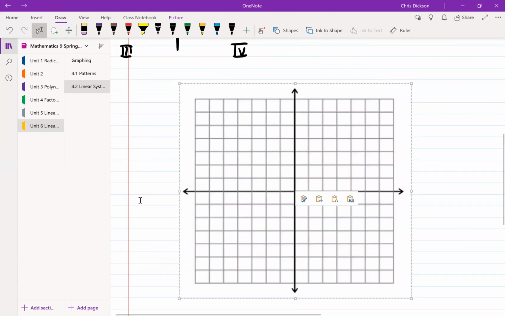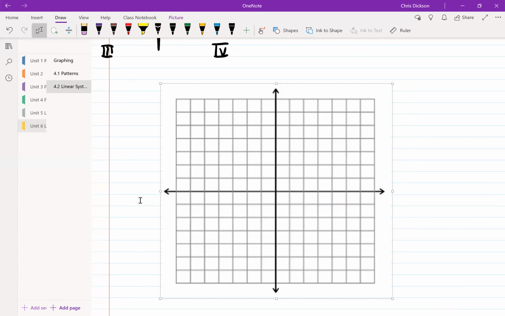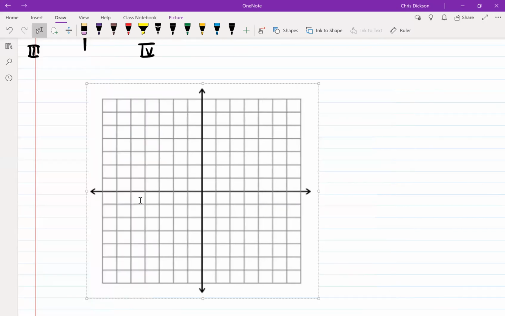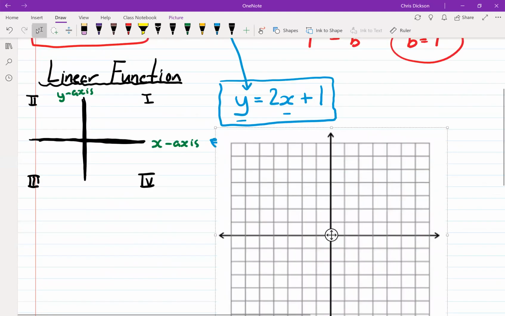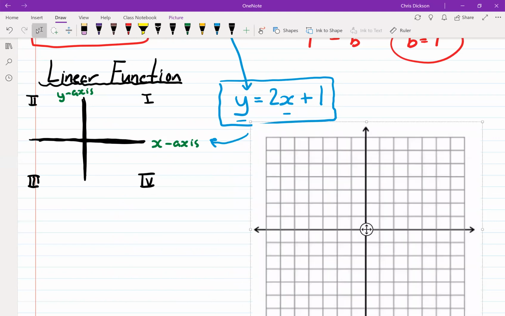Perfect. Okay, there we go. That's going to work. I'm just going to drag this up here. Scroll down a bit. I'll shrink this down a bit.